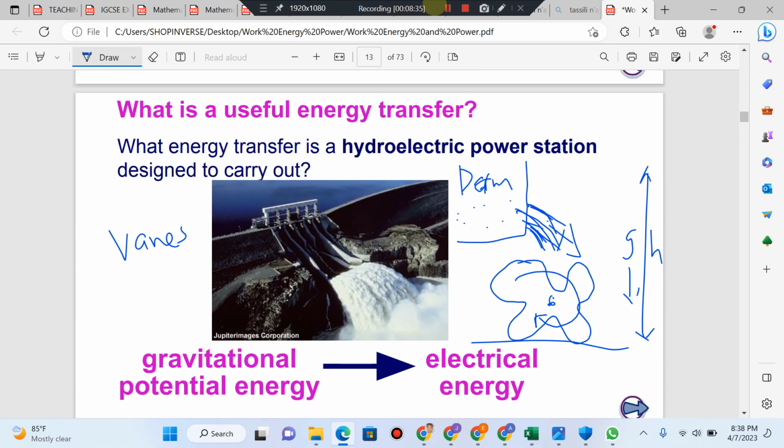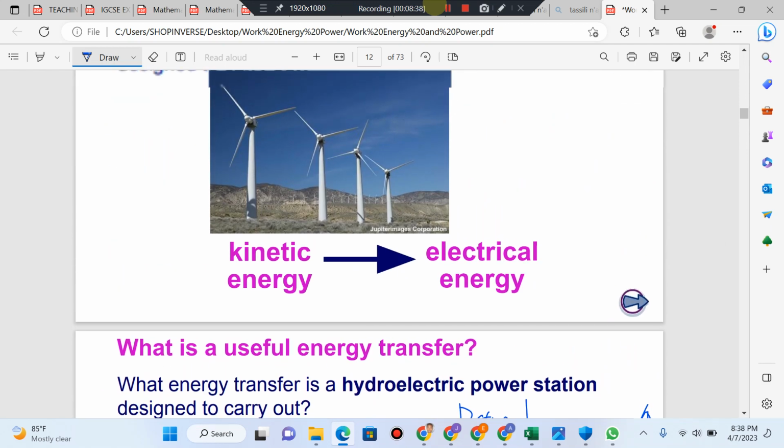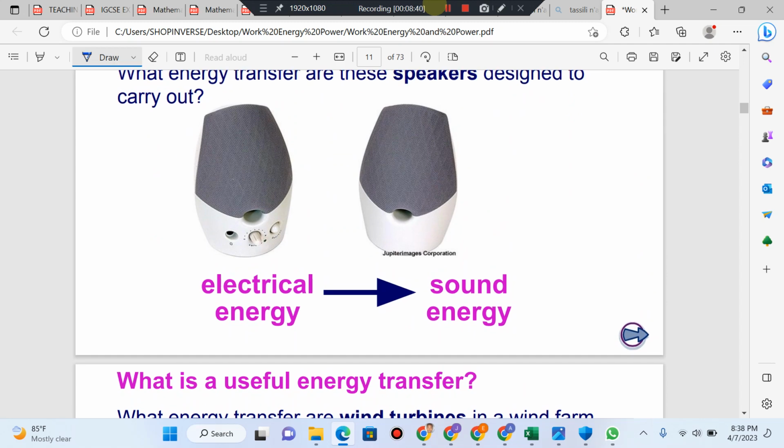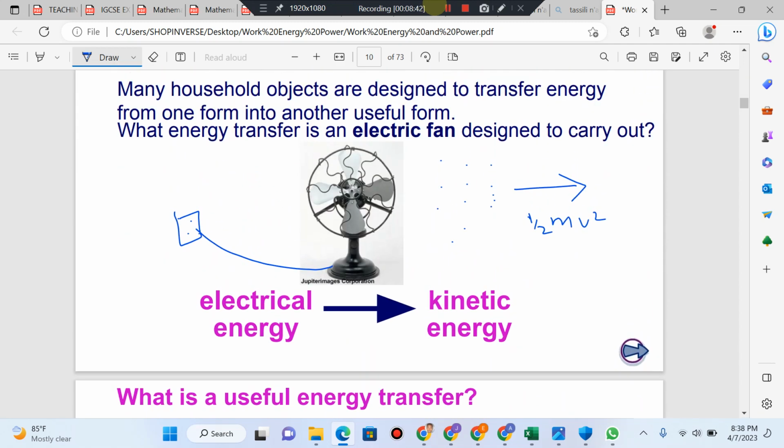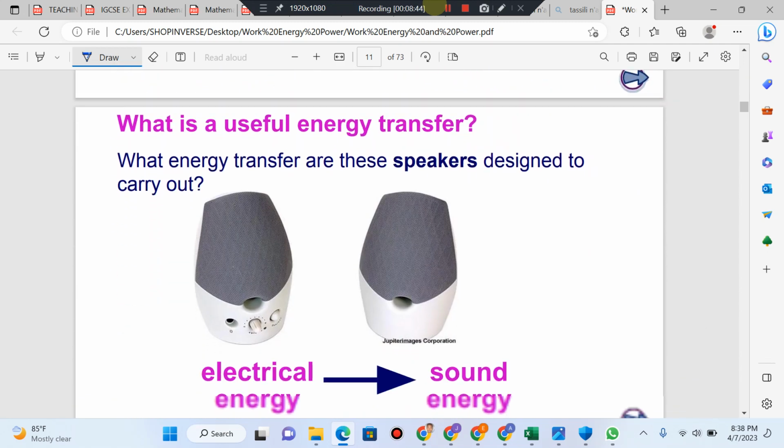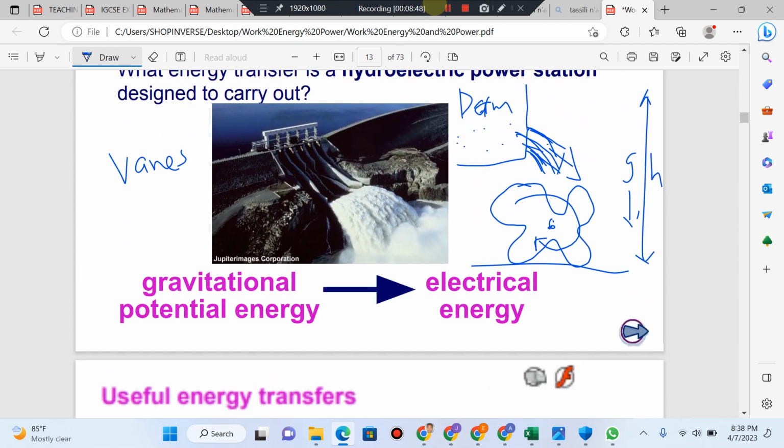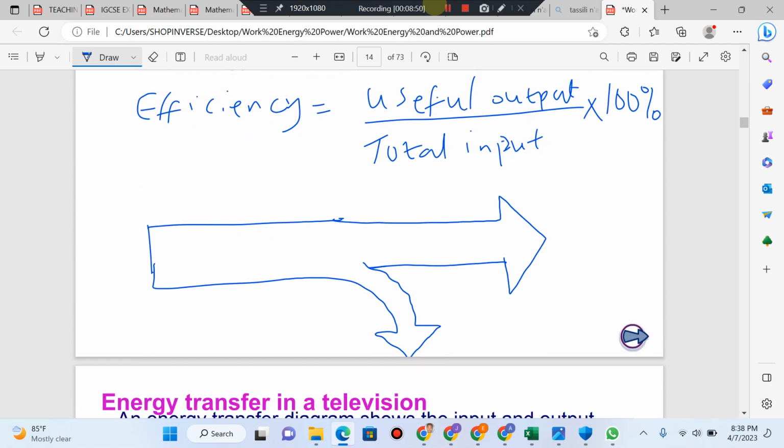In this case now, let's give an example. You can use this, the fan. The fan receives electrical energy and converts it to kinetic energy of air molecules. So the input energy is electrical energy, and the output is the kinetic energy of the air molecules.